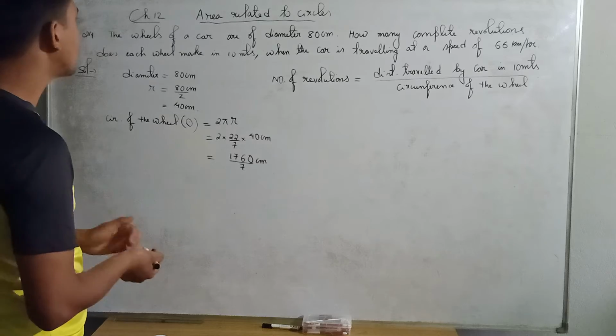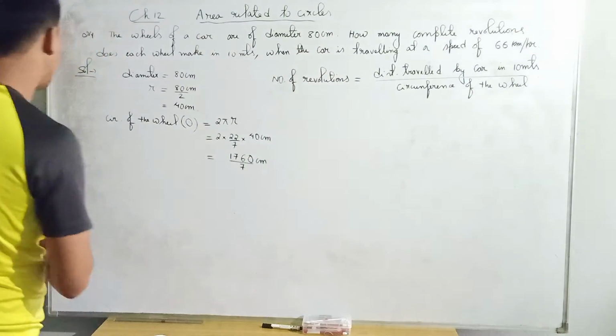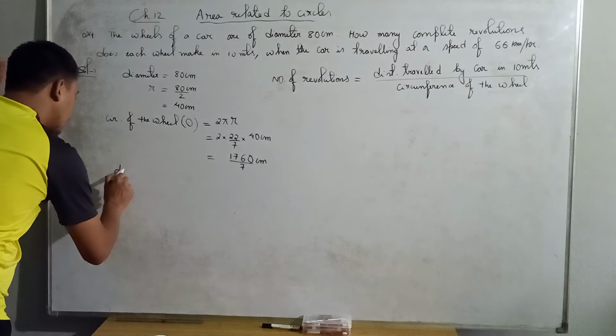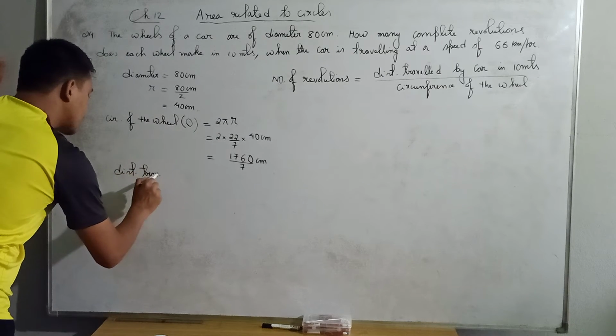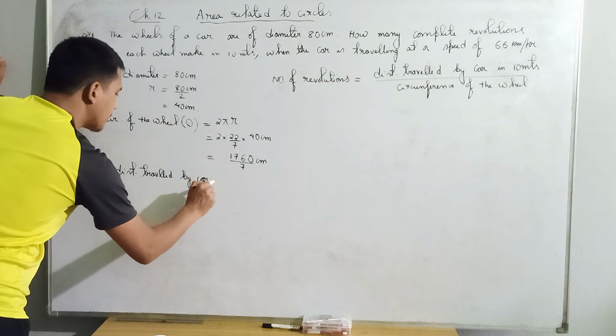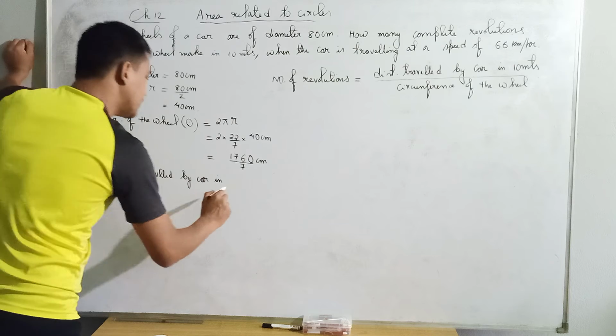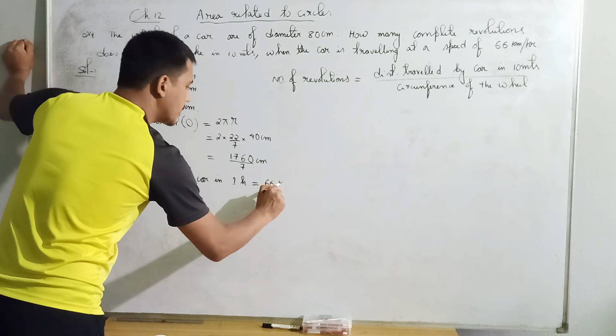So we have to find out in 10 minutes how far the car can go. The distance traveled by the car in 1 hour is 66 kilometer.